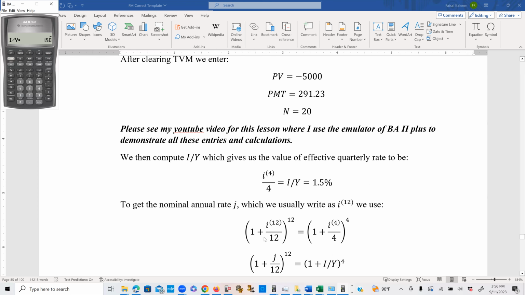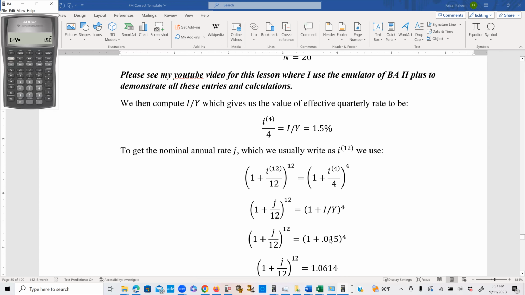We use our basic equation, (1 + i(12)/12)^12 equals (1 + i(4)/4)^4. They're calling i(12) as J, as we mentioned, and i(4)/4 is the quarterly effective rate, which we found to be 1.5% by the calculator.